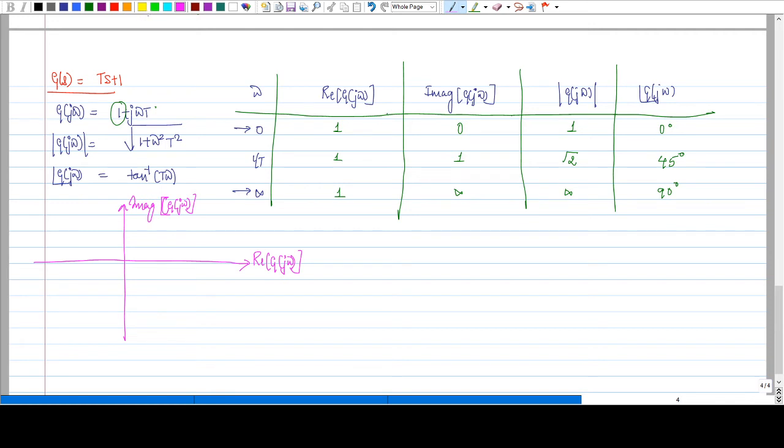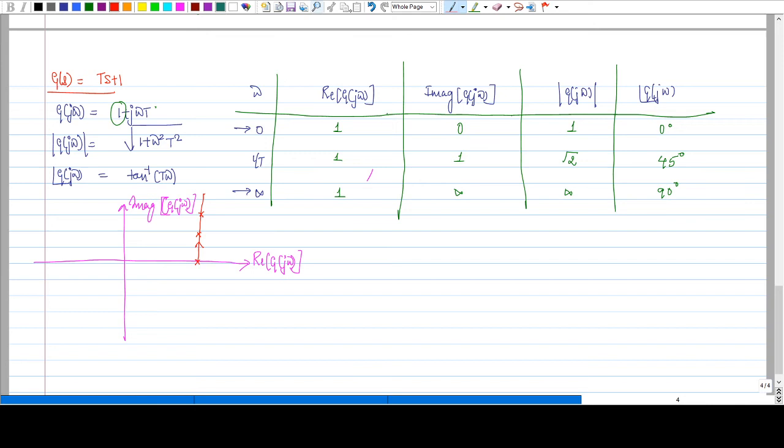So that is the point. Your real part is always 1, no matter what. Only the imaginary part is changing. Initially it will be 0. Next, at ω equal to 1 by T, it is equal to 1. So this is the point. And as ω tends to infinity, it is infinity, so somewhere here we will plot the infinity. So this is how it will move.